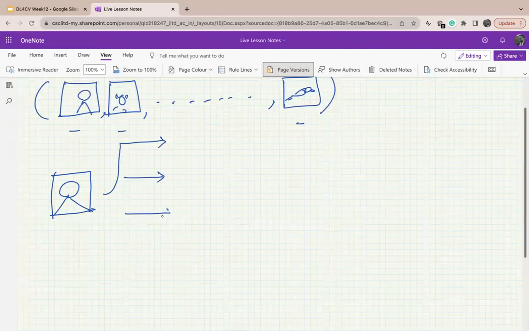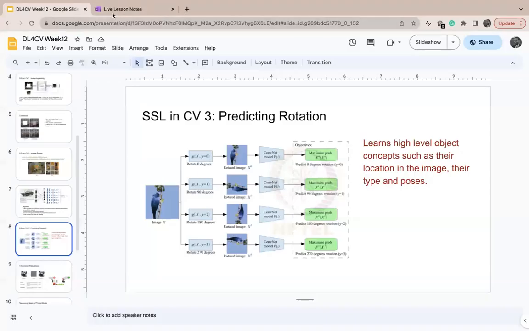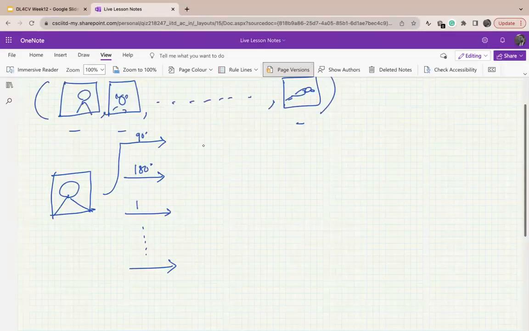So what we'll do is apply certain transformations to the image. It will flip 90 degrees, 180 degrees, 270, and 0 degrees. Okay, so let's just stick to rotations.